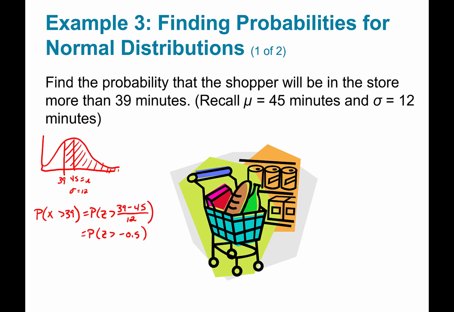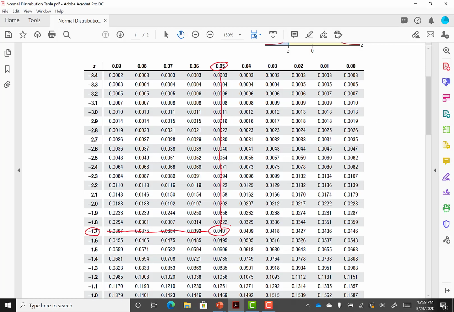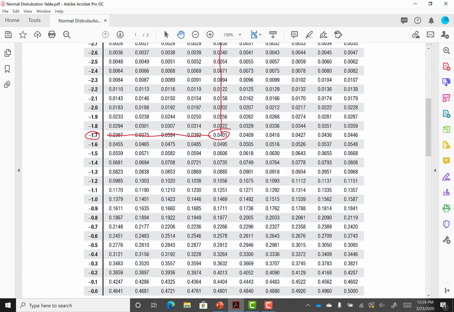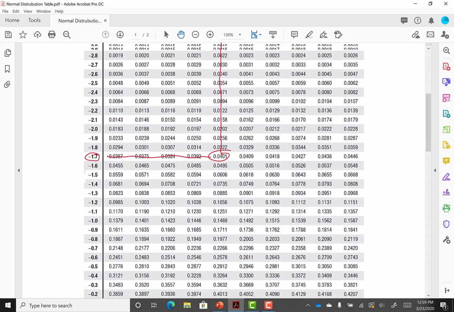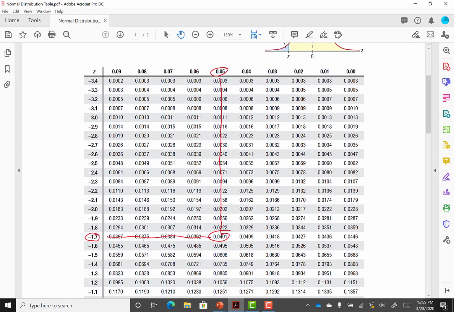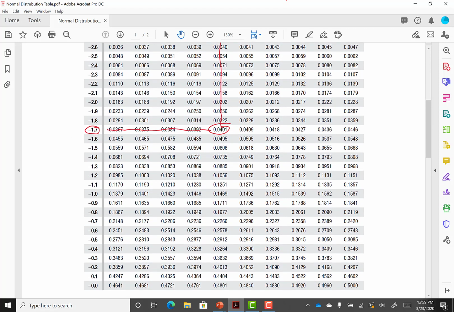So we go to our table, and we find negative 0.50. So 0.00 is our hundredths digit. Negative 0.5, go all the way across to where that row and column meet. And we get 0.3085.